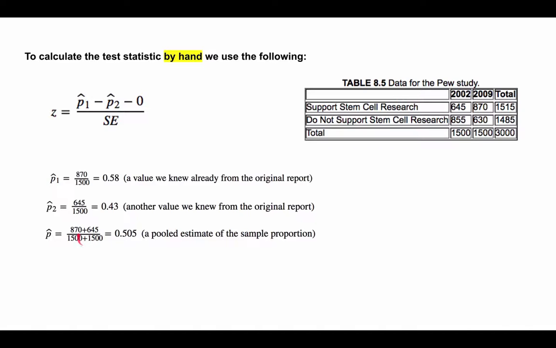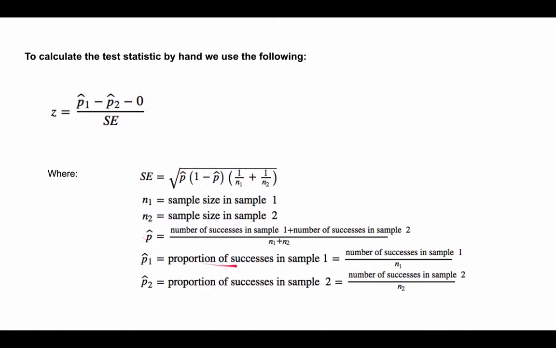We're looking at the total number of people who had our quality of interest in both of the groups. Now, we haven't seen this one before, so I'm going to flip back to all the formulas. Okay, so this is our p hat: the number of successes in sample 1 plus the number of successes in sample 2, over n1 plus n2. So that's how I got that.